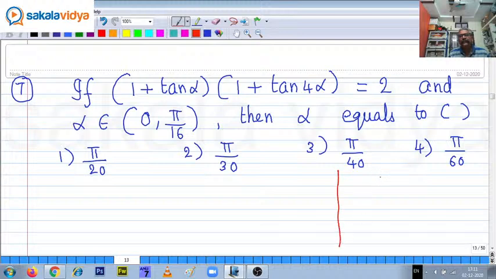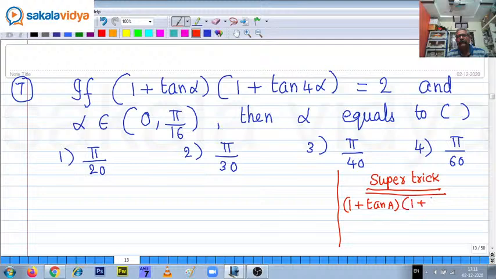Let me write it here. If (1 + tan A) into (1 + tan B) equals 2, then A plus B equals π/4, 45 degrees. This is the super trick. Its converse is also true. If A plus B is equal to π/4, then (1 + tan A)(1 + tan B) is equal to 2.